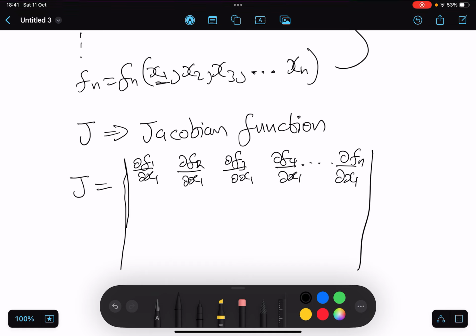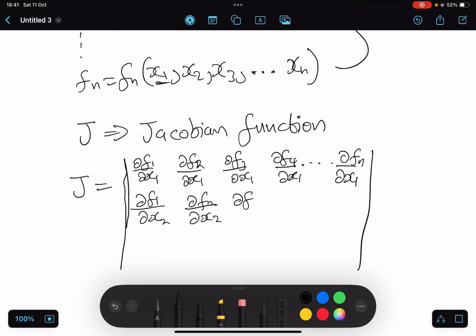And then you repeat this again. Now with the second row, you're differentiating ∂f1 with respect to ∂x2, and then ∂f2/∂x2. It's not plus, I'm so sorry, we are not adding. We are representing in matrix form.